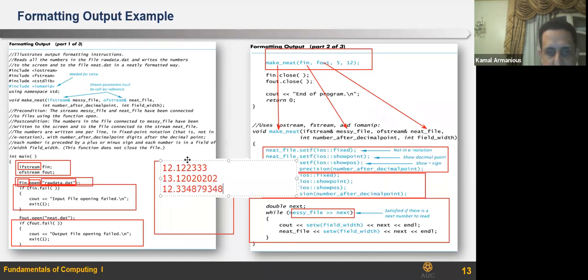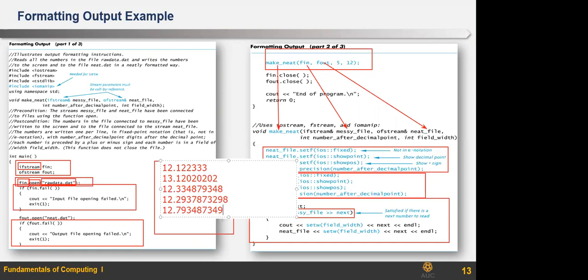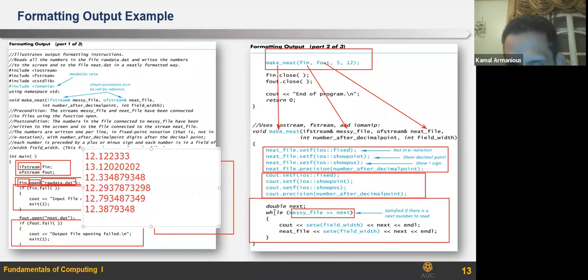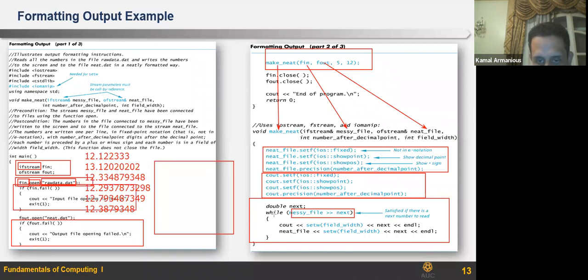This is the messy file. This is a while loop. And this basically says, as far as I can read something from a file, then enter the loop.